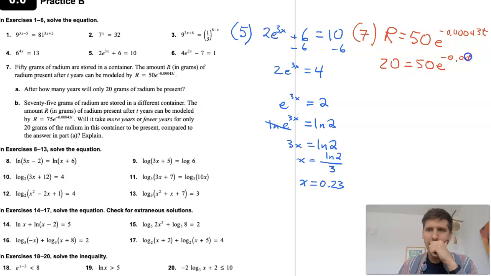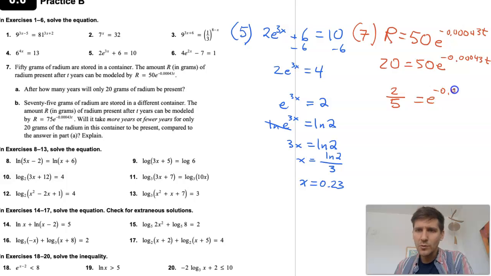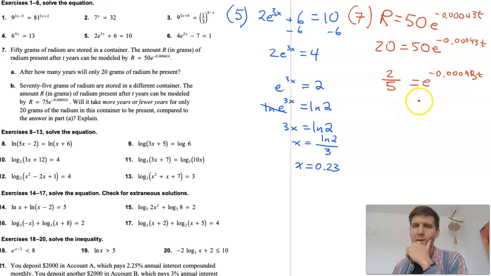Okay, nice. Now I've got my logarithmic tool belt to solve this. 20 over 50, if I divide both sides, I'm going to need to divide that 50 out. It's not being put to the power, so I just get 2/5 or 0.4 equals e to the negative 0.00043t. Little funky writing, but it's okay. Take the natural log of both sides.